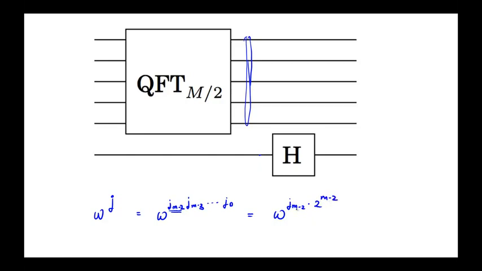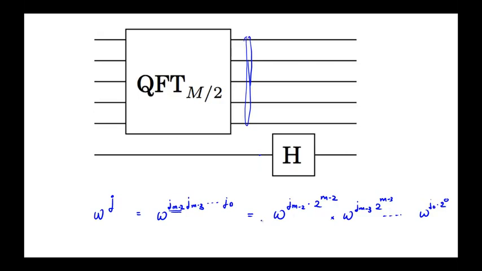If this is 1, then you want omega to the 2 to the m minus 2. Otherwise, you want it to be omega to the 0, times omega to the j sub m minus 3 times 2 to the m minus 3, and so on up to omega to the j naught times 2 to the 0.